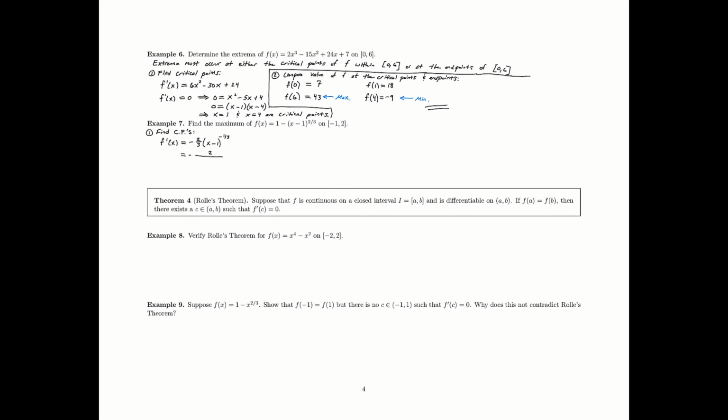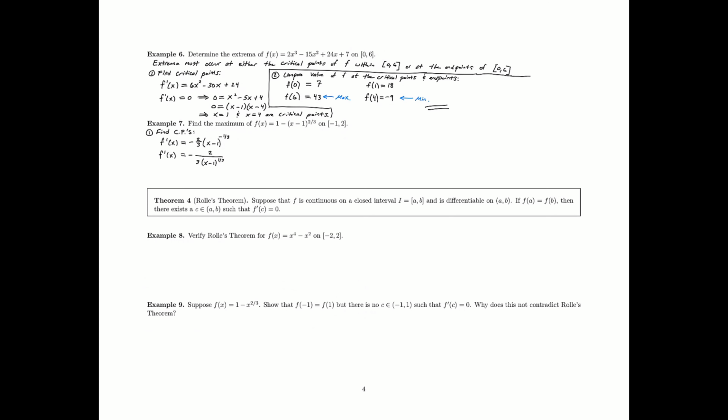Put a 2 in the numerator, 3, and this is x minus 1 to the positive 1/3. Negative exponents are great for taking derivatives, but they're not always the best for doing algebraic manipulations when you're trying to solve things. Sometimes it is nicer to think of it in the denominator. So that's our first derivative.